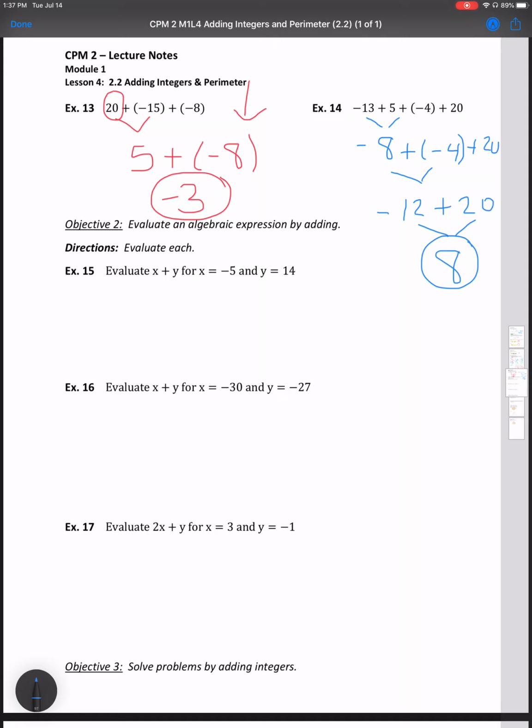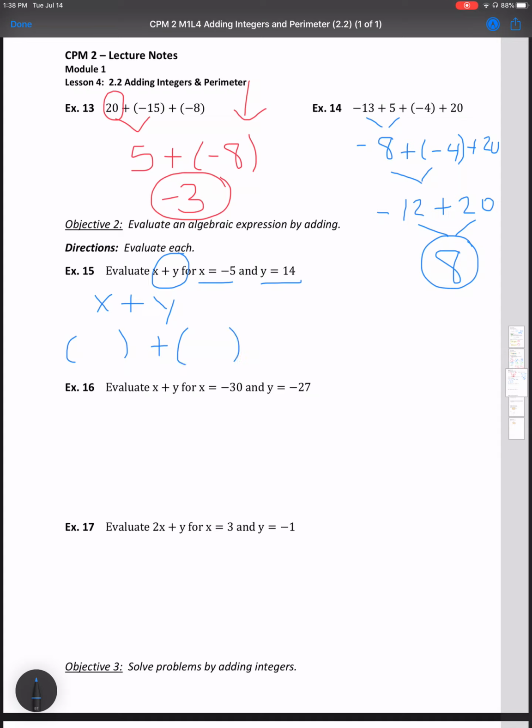Okay, moving along, objective number 2, evaluate an algebraic expression by adding. So here they're going to give us an expression. They want us to evaluate this expression, x plus y, and they're telling us what to replace x and y with. Every time I come to a letter, I'm going to put parentheses.